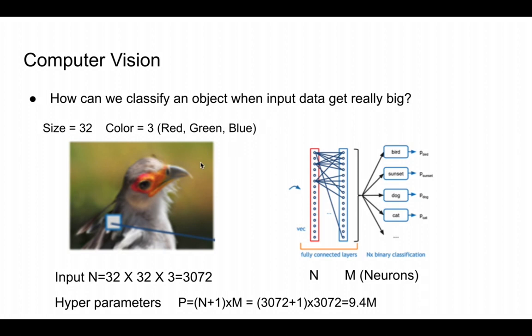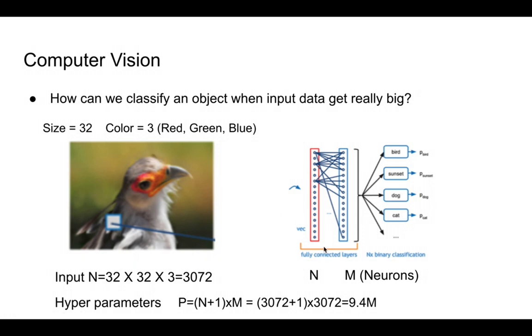Each color we can describe with a number from 0 to 255. With a combination of these three colors, we are able to build the full colorful picture in the digital world. In the pixel size of 32, the input element is 32 by 32 by 3. That is 3072 values. We can treat it as the input of the neural network.